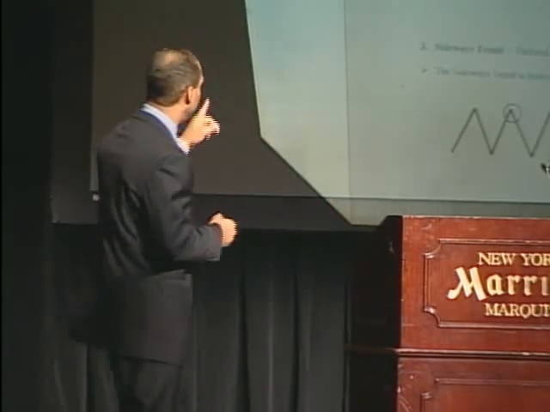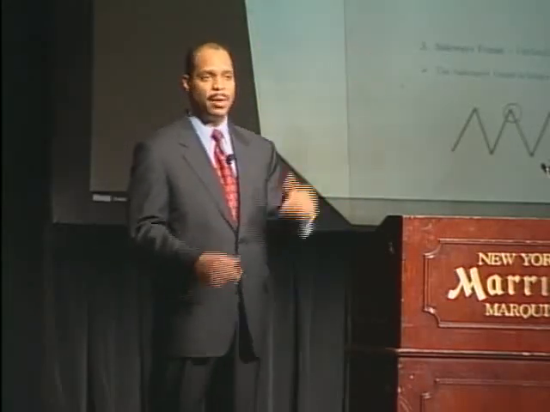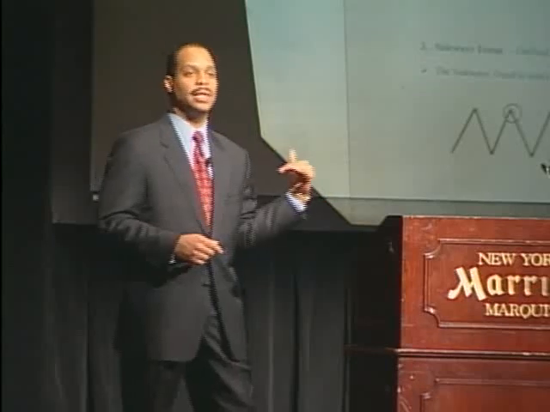Now, in an uptrend, if you find a stock that is making a series of higher highs and higher lows, meaning that every high is higher than the prior high, every drop is higher than the prior low, your action as a swing trader is to buy the very next decline.